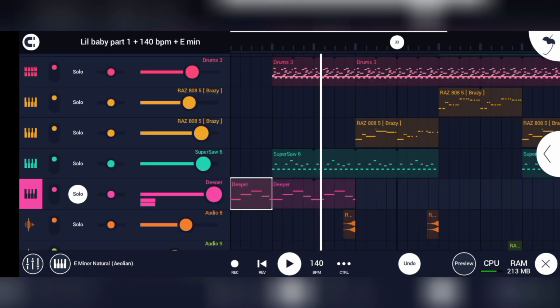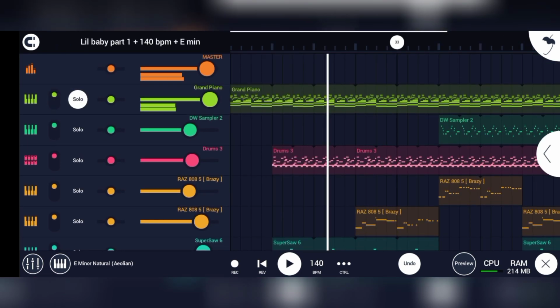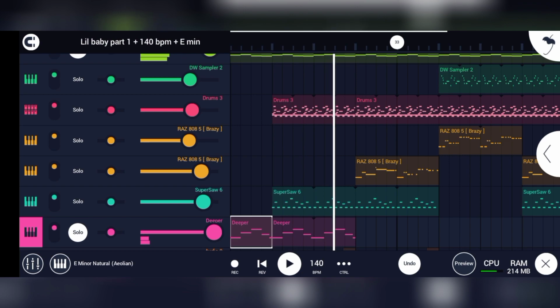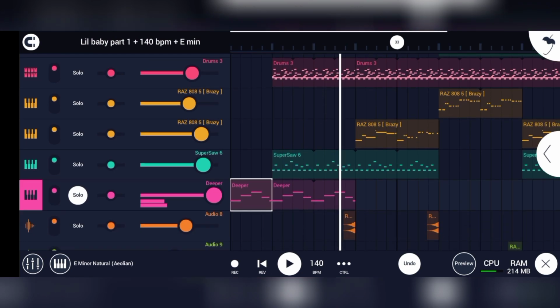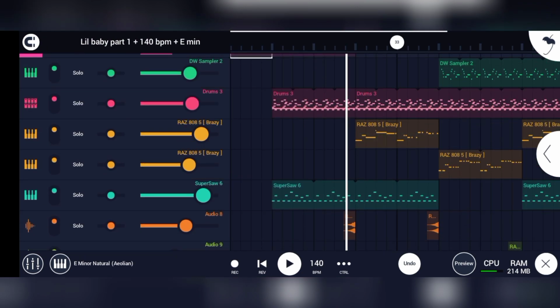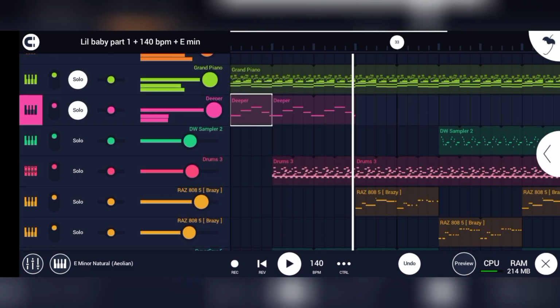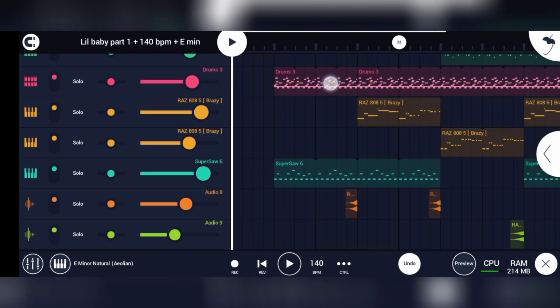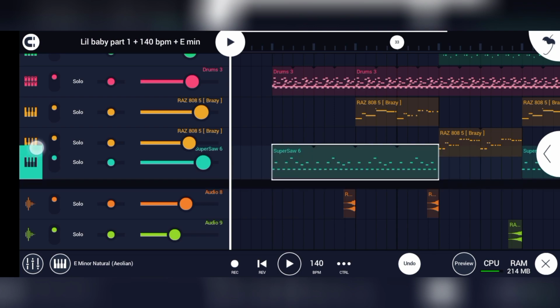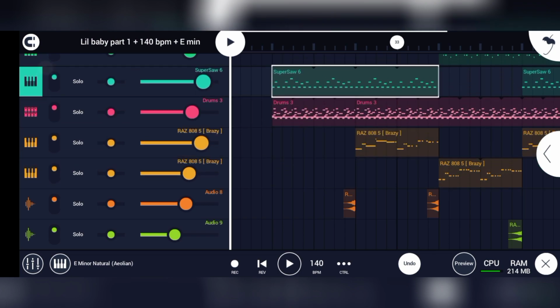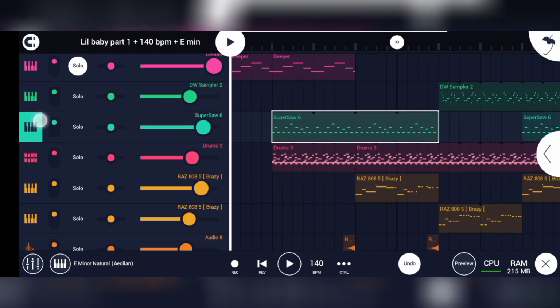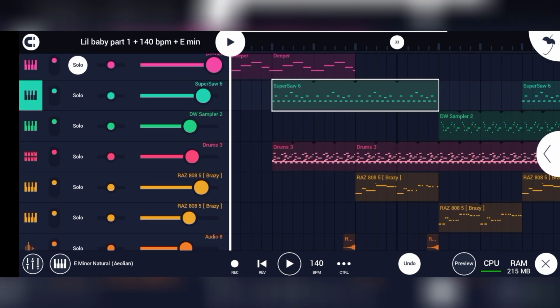What else did I add? Then after that I went straight to add the counter melody.